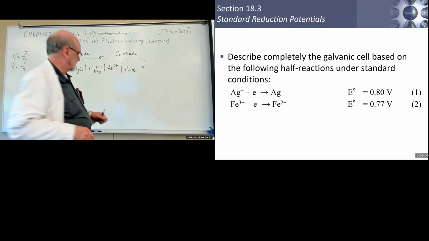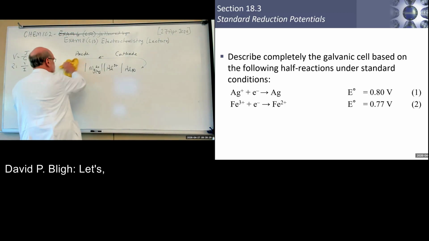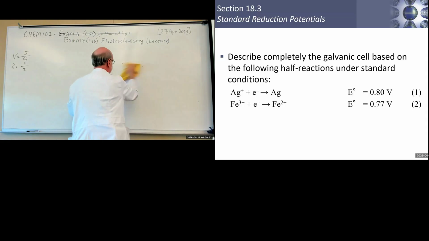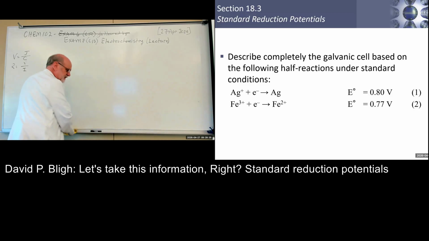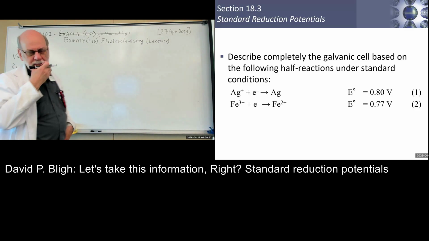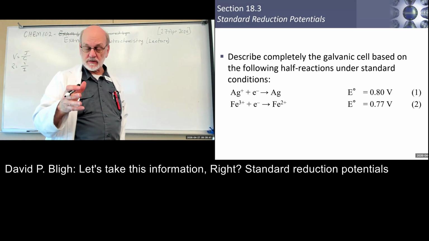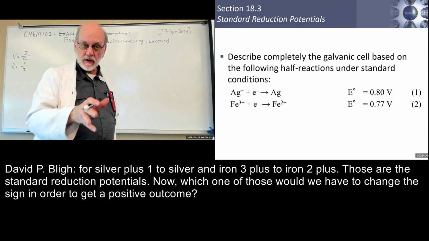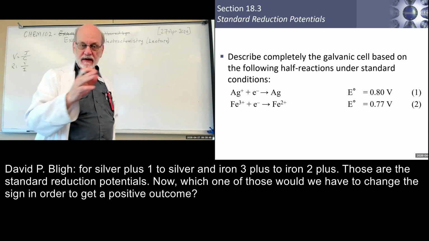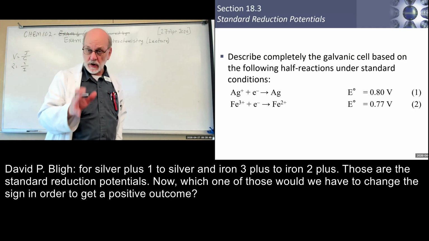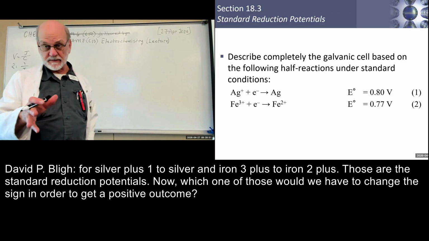All right. Let's take this information. Standard reduction potentials for silver +1 to silver and iron 3 plus to iron 2 plus. Those are the standard reduction potentials.